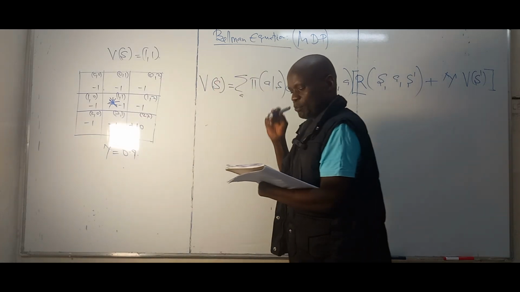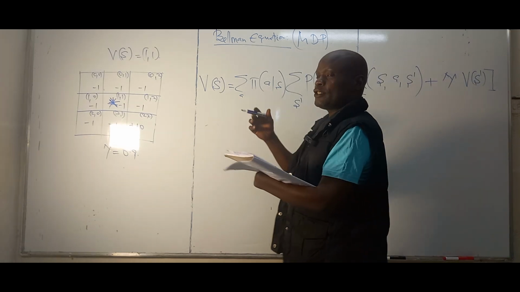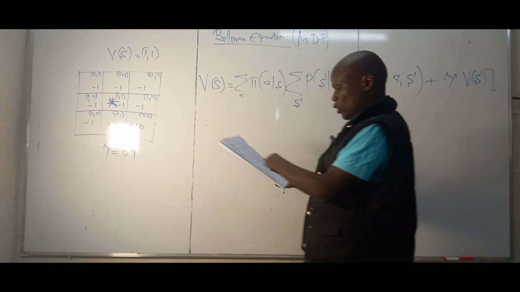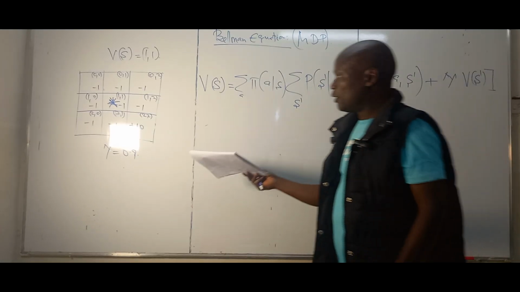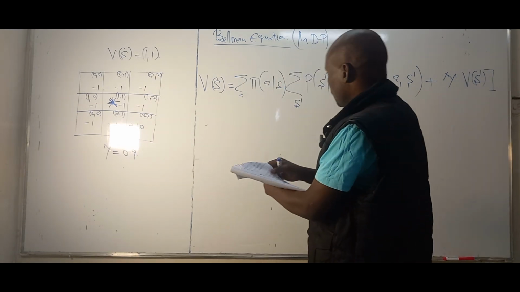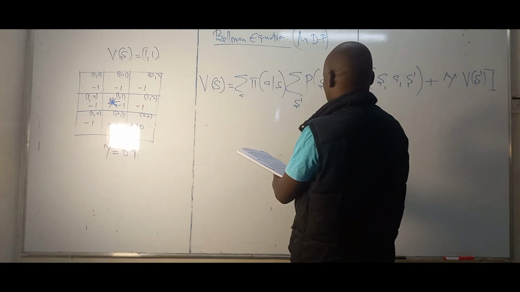We still find those probabilities are equal. So there'll still be a quarter. It's 1 over the number of possible transitions, so it becomes 1 over 4.